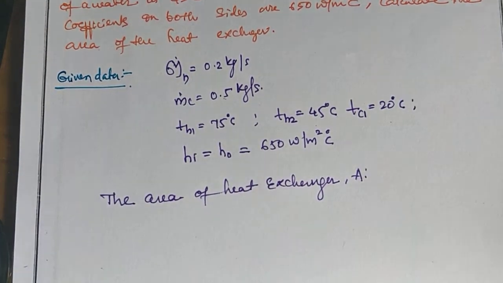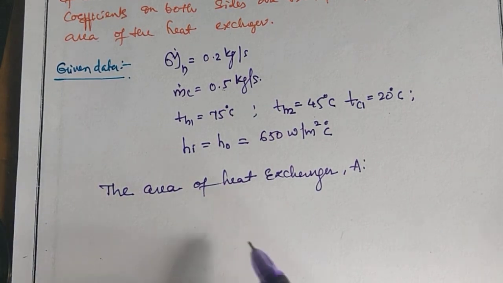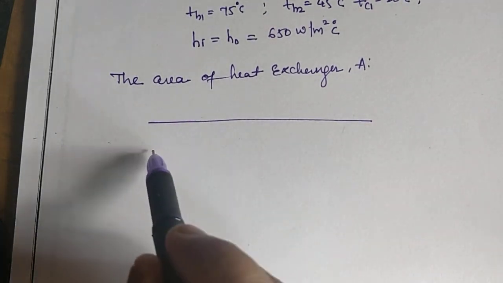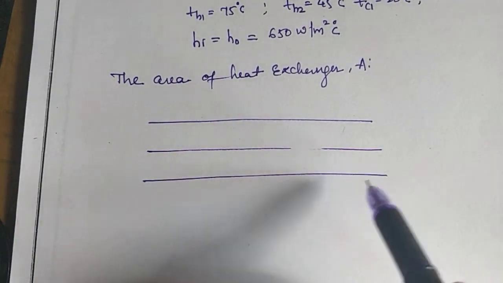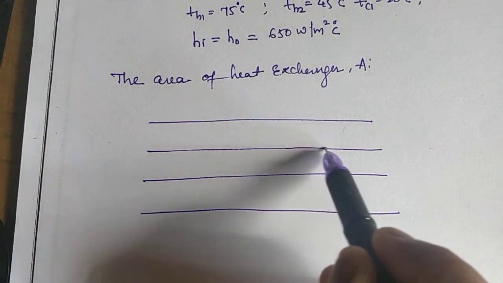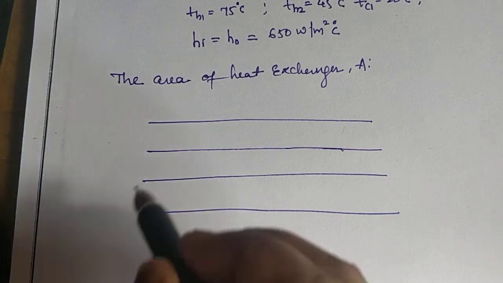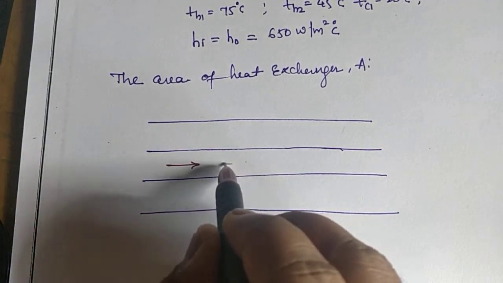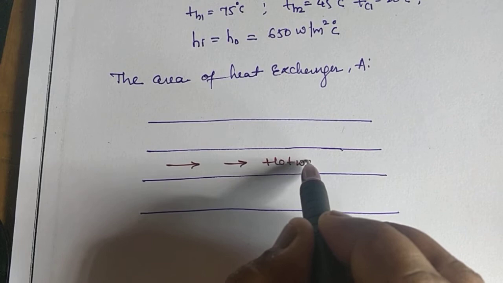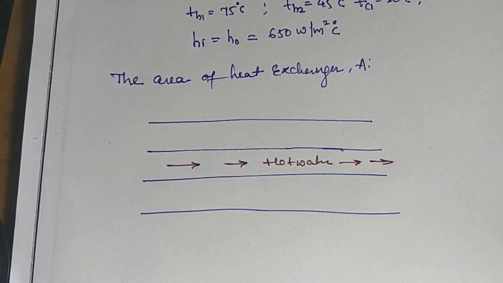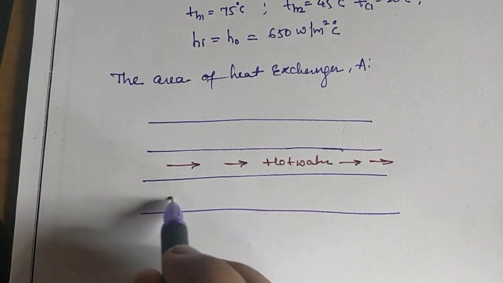Let us understand the problem by drawing a sketch. There are two streams flowing. The hot fluid, hot water, is moving in this direction. Meanwhile the cold fluid, cold water, is also moving in this direction.